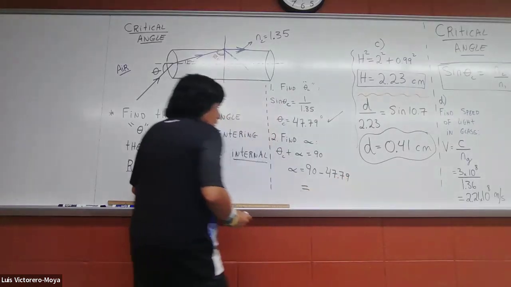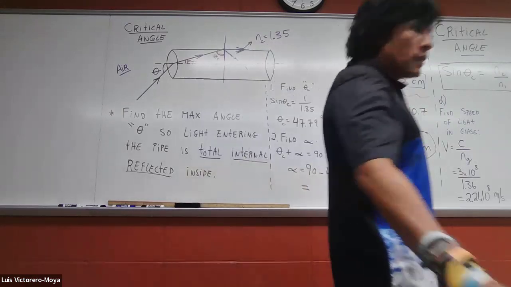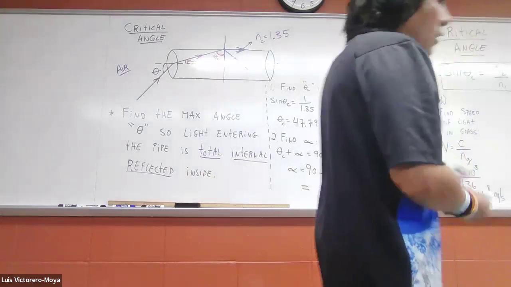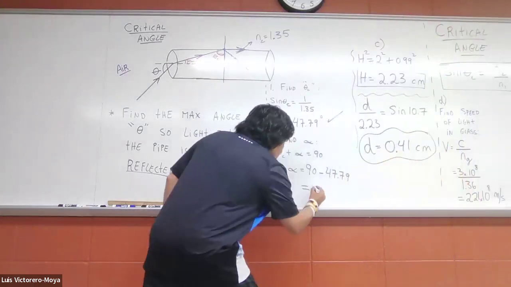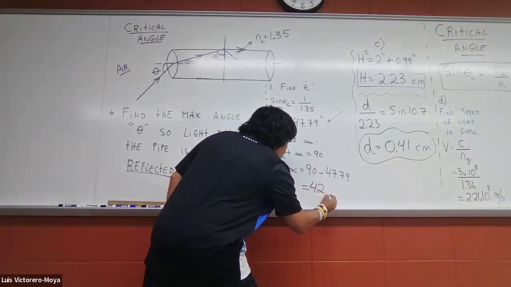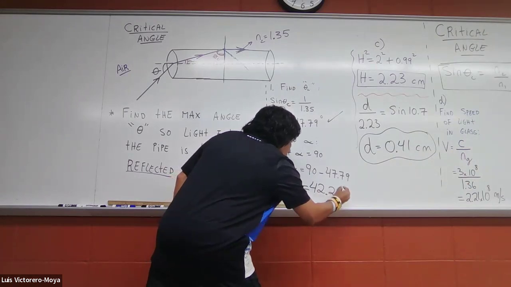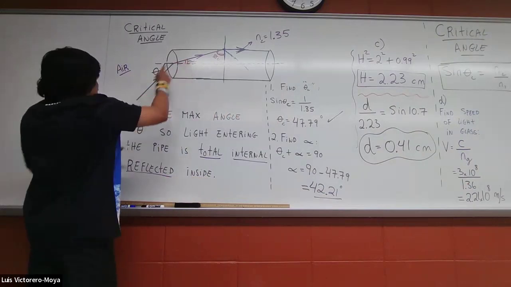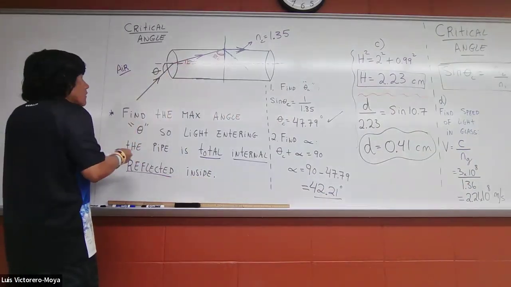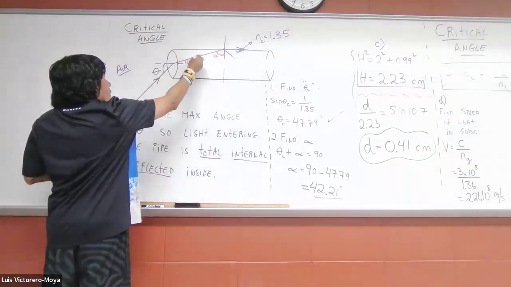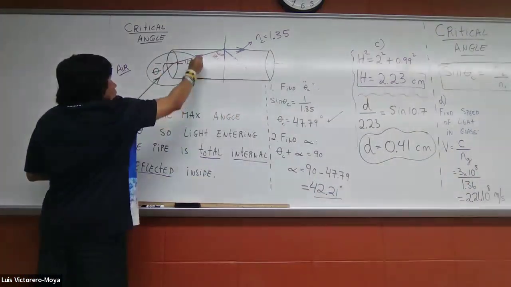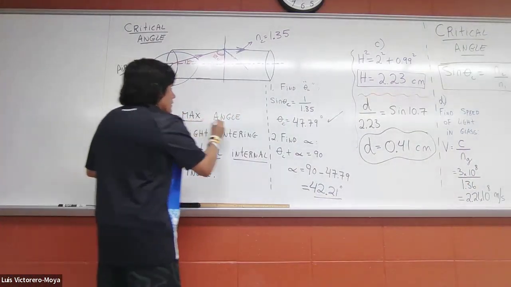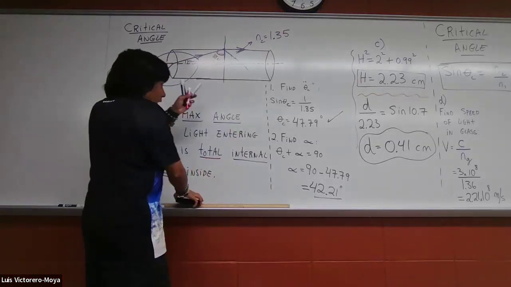Let's just do it here. 42.21. So that's my alpha. So then here, I can do a Snell's law to find the maximum angle theta for that to happen.